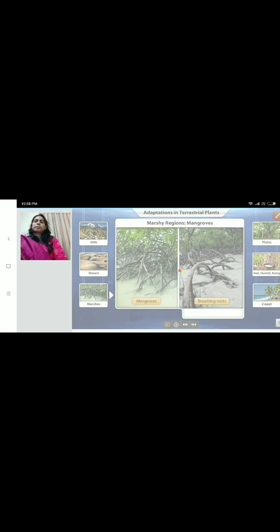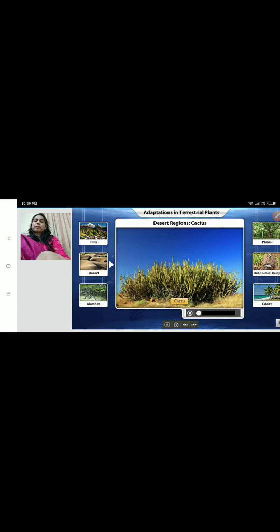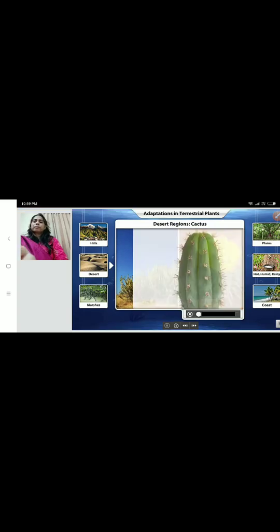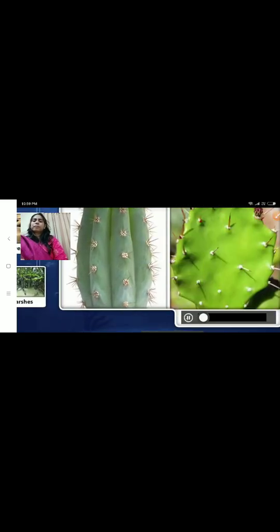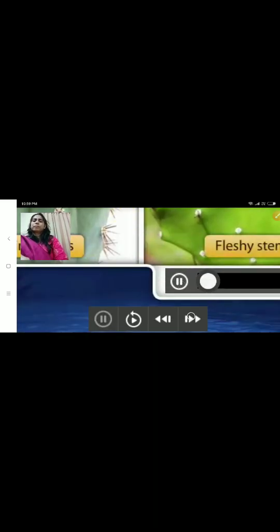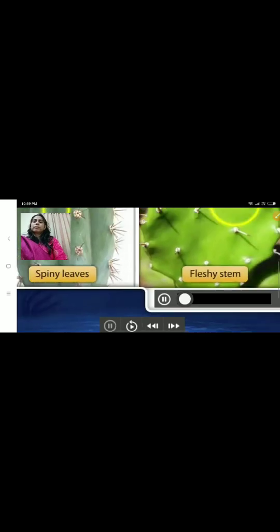They can also grow in salty water where other plants would die.